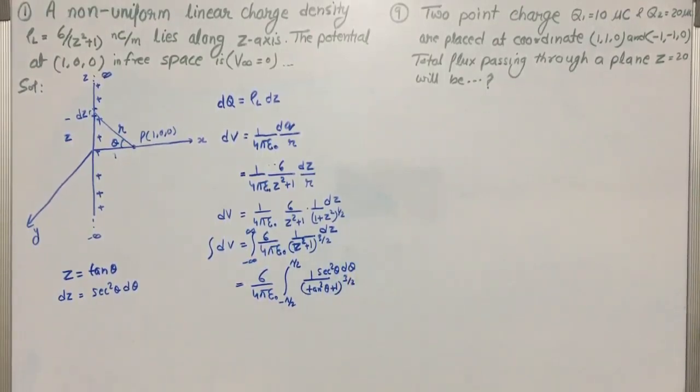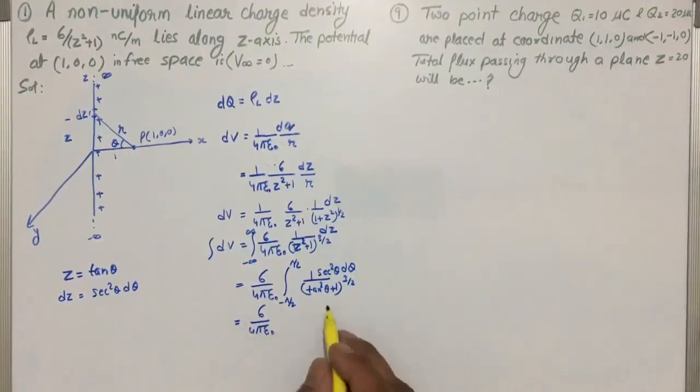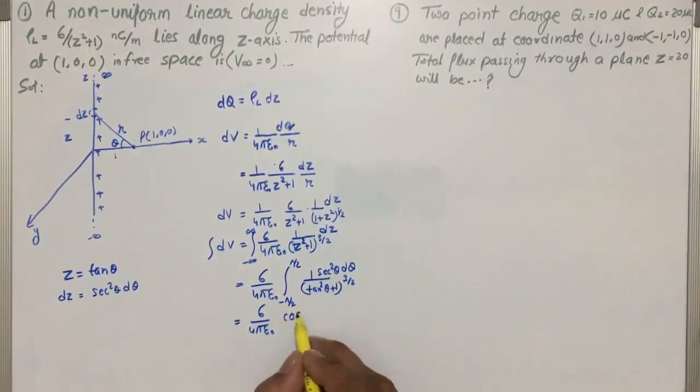Now simplify this. 6 by 4 pi epsilon naught, tan square plus 1 will give us sin square by cos square, cos square plus sin square is 1, so sec square, sec to the power 3, sec will go up, it will be cos theta d theta, integration from minus pi by 2 to pi by 2.